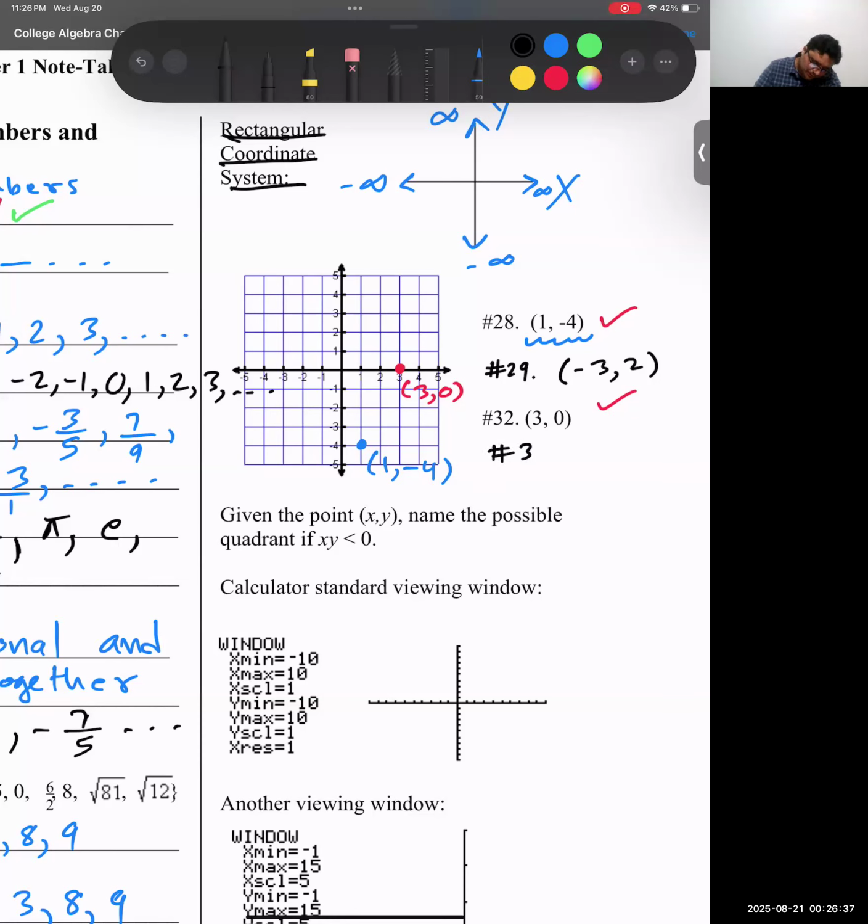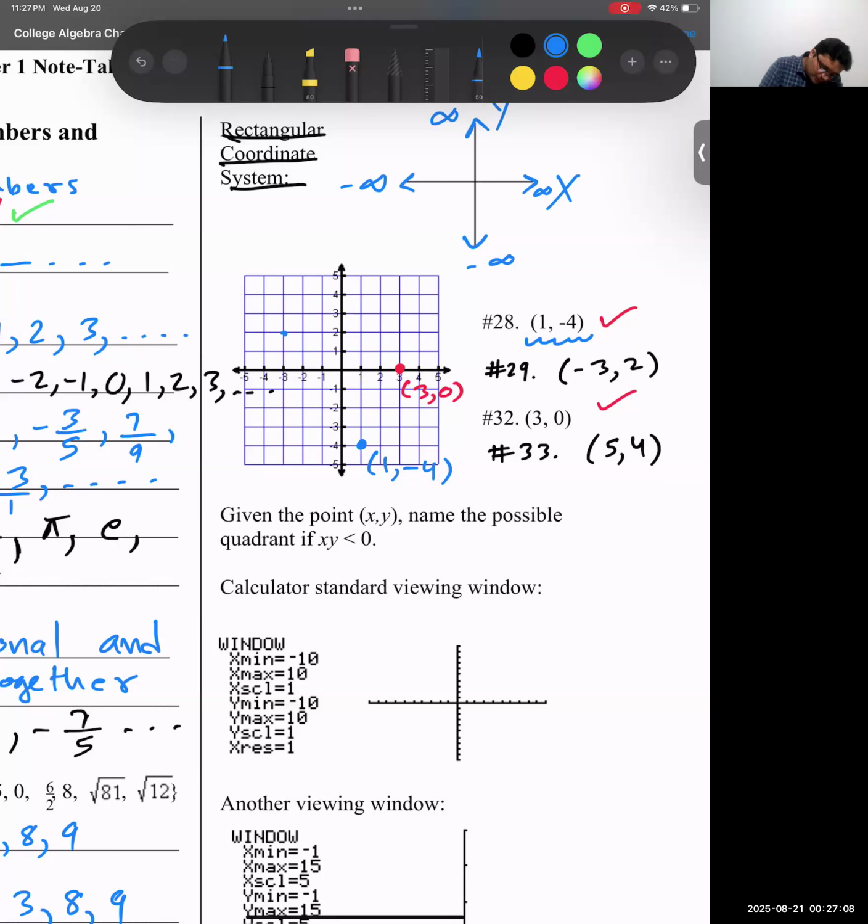And in number 33 here, I'll give you 5, 4. Sorry, we have too many 3's coming into the picture. Okay. And now check your answer.